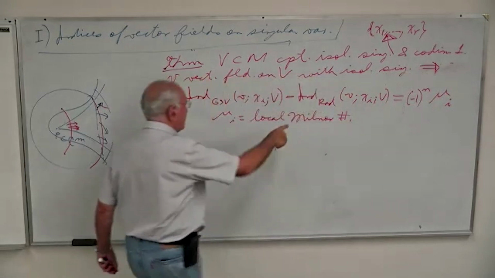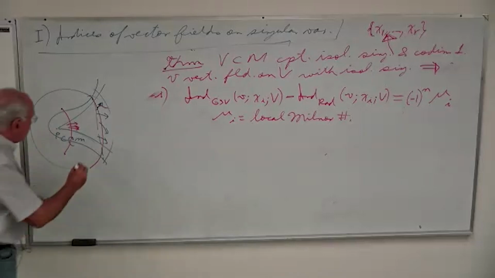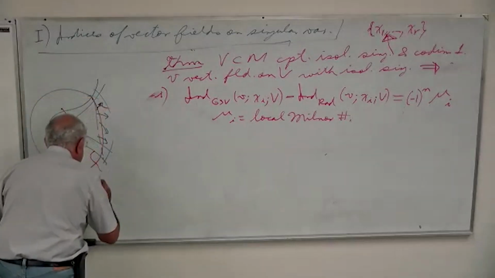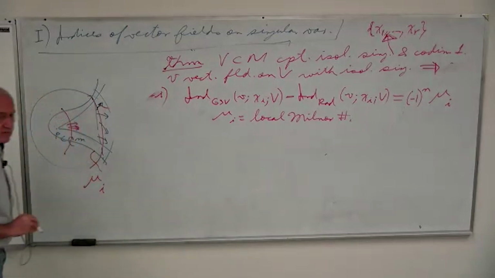Let me remind what this is. At each isolated singularity we have the Milnor fiber. This is well known to have the homotopy type of a bouquet of spheres of middle dimension. How many spheres? Some positive number, which by definition is the Milnor number, mu_i.